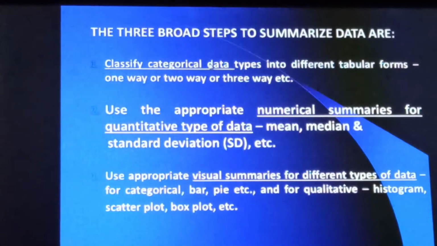The first step is classification of categorical data, and the third step is graphical summarization. The first one is already done in the previous videos, and now we take up numerical summaries, by computing mean, median, standard deviation, etc.